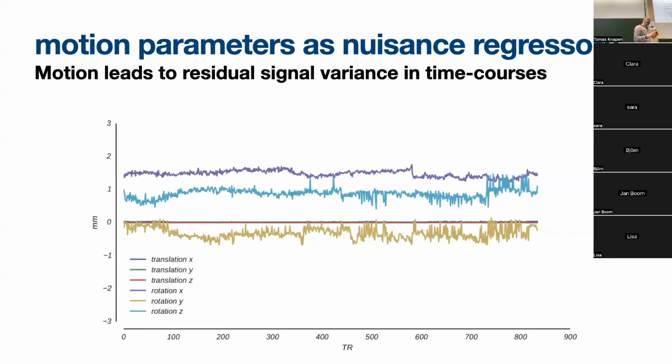Because we are not innocent bystanders just suffering from this noise. We actually did this motion correction earlier, and we calculated exactly how much someone moved. So we have an idea of what caused this specific type of noise, this movement-related noise.